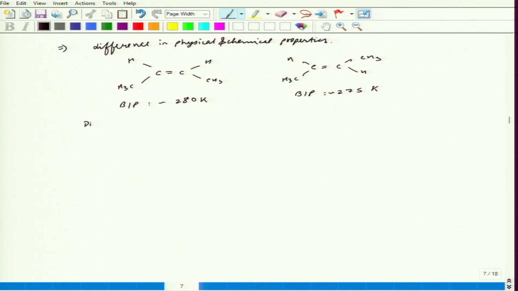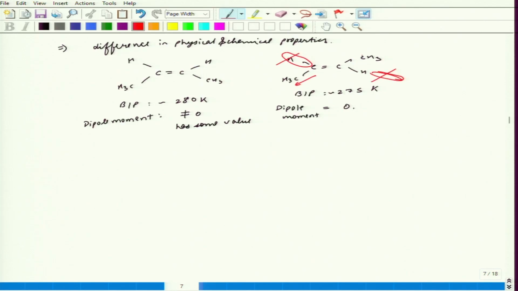So the dipole moment is different. The dipole moment is not zero here, it has some value. While in this case the dipole moment is 0. How is it 0? Because the dipole moment in this direction is cancelled out by this other direction.